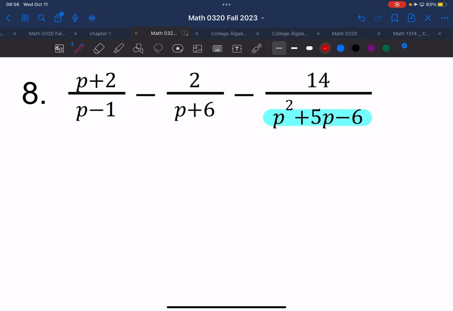The AC method. So A times C is going to be what? -6. And what's our B value? So we need 2 numbers that multiply to -6 but add to 5. 6 and -1.